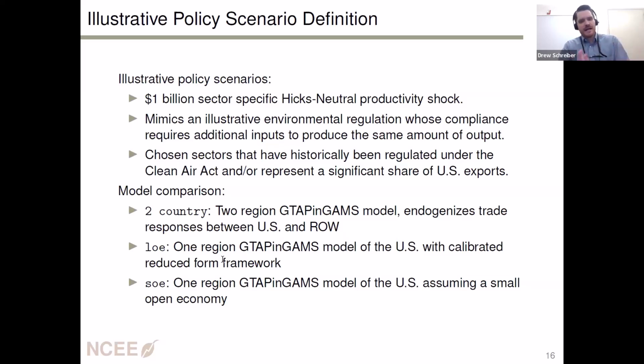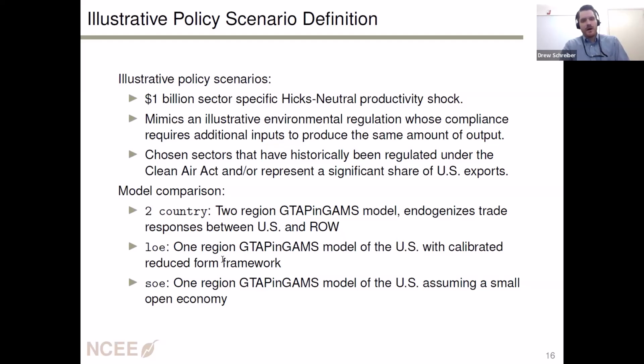The shock is meant to just illustrate the model comparison. We don't dig into the details of exactly what the economy-wide story is relative to the shock, but rather implement something and then compare several modeling variants to see how well they approximate each other.